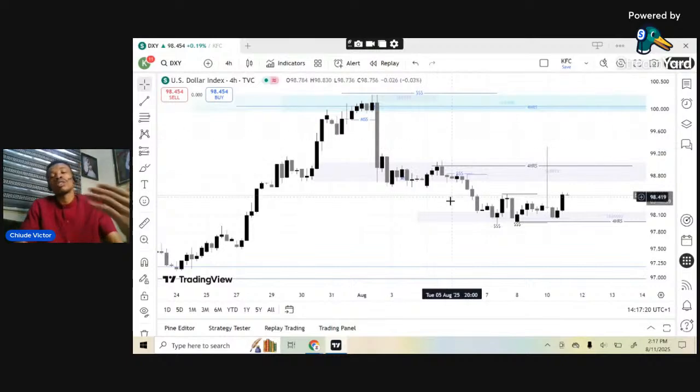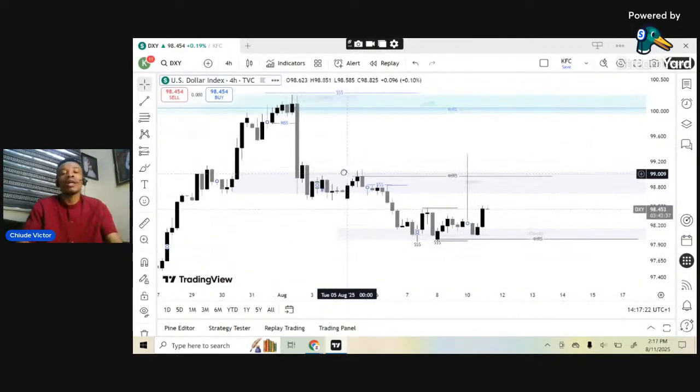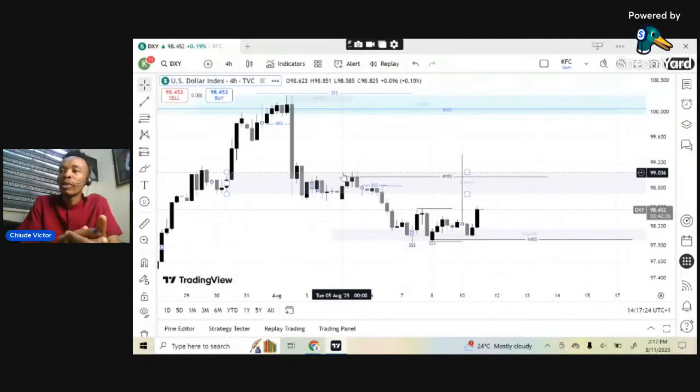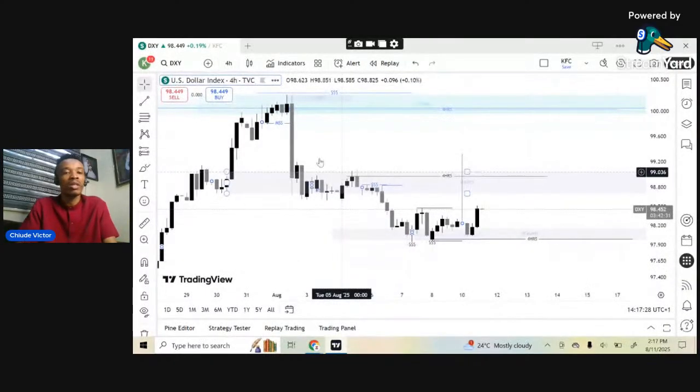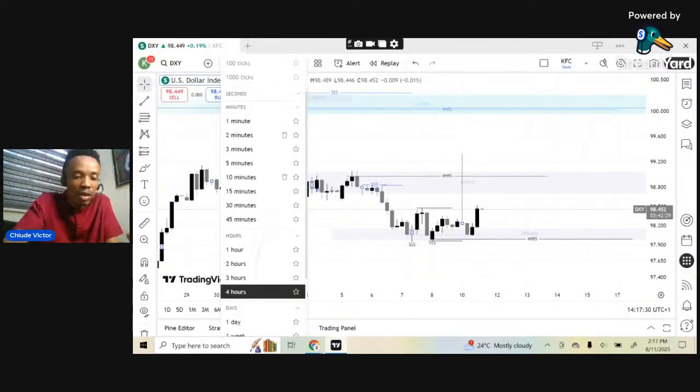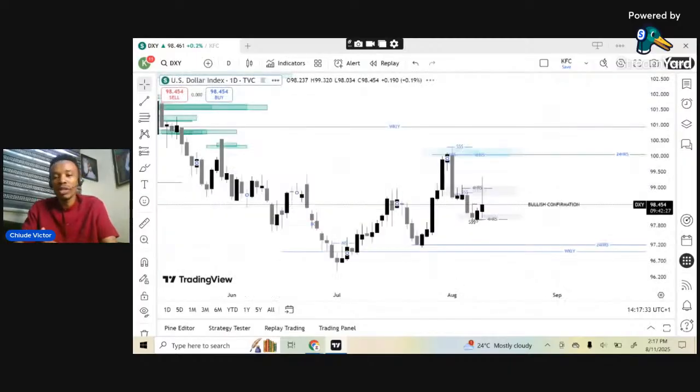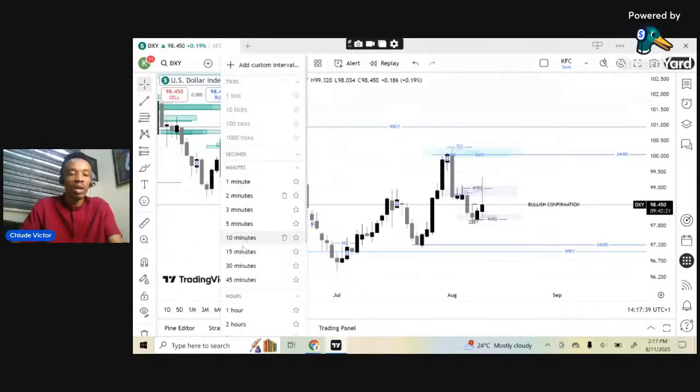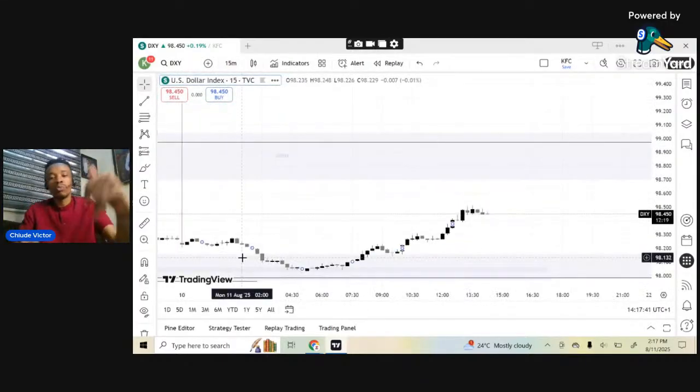But within the downtrend, the 4-hour time frame, which is the directional bias completion time frame, is actually bullish. If it's bullish and the 24 hours is bullish, that's a clear correlation that tells you the DXY is bullish.